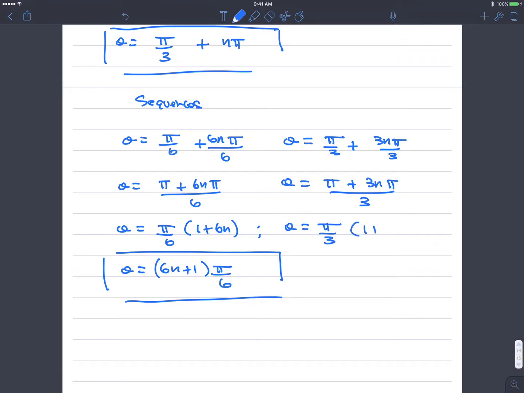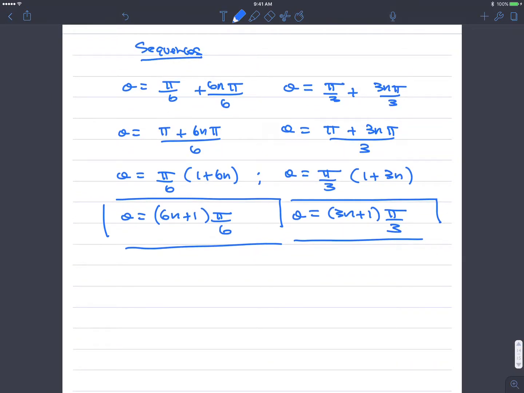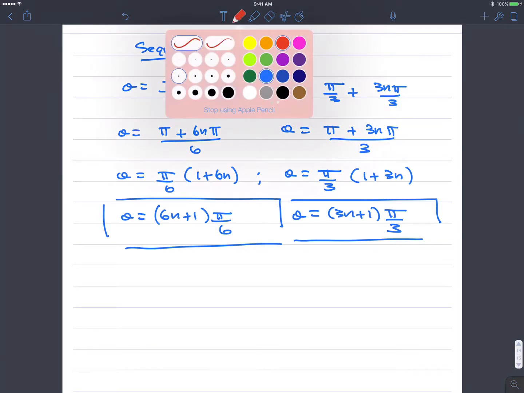Pi over 3, 1 plus 3n. So I'll take 3n plus 1, pi over 3. So this is how we find the particular sequences for these solutions. Okay? So far, so good? So here's my question to you guys now.